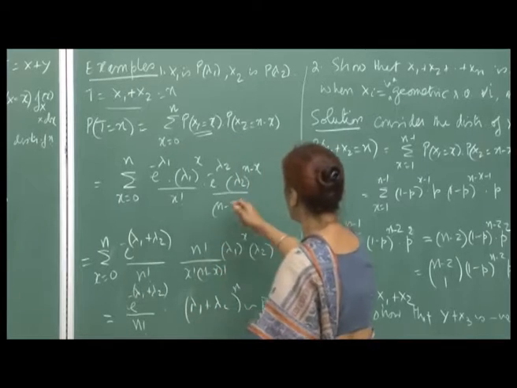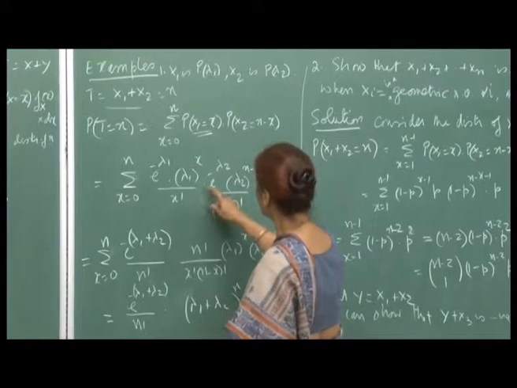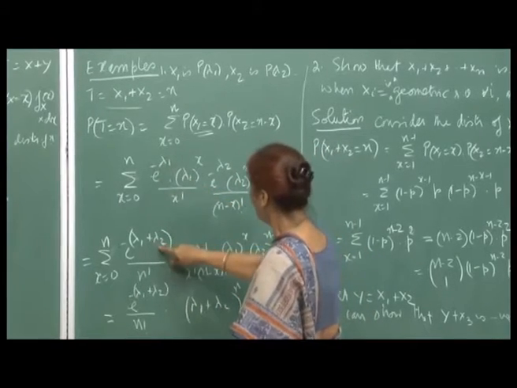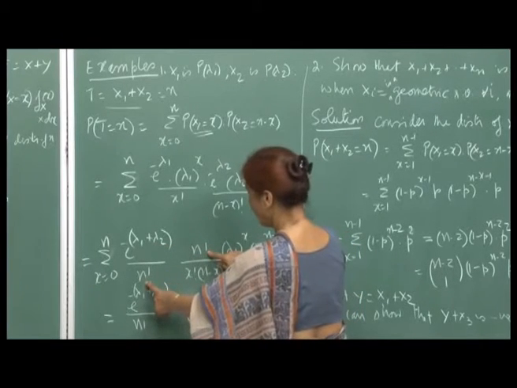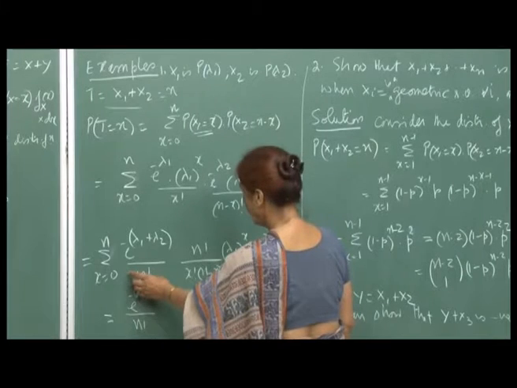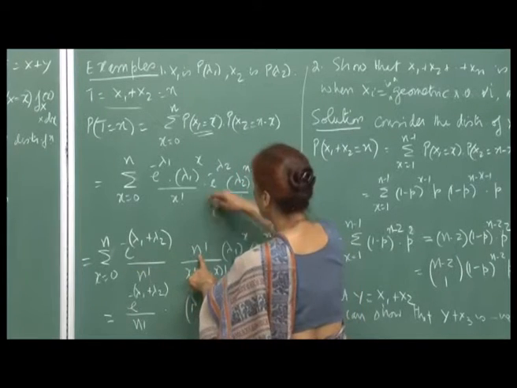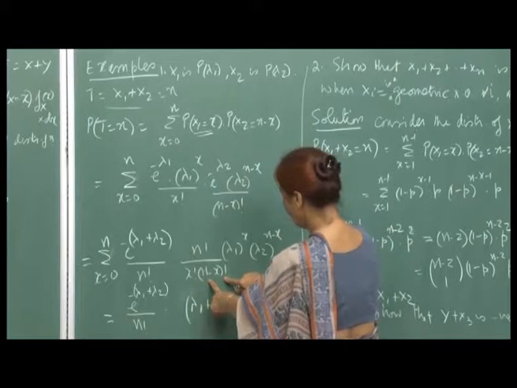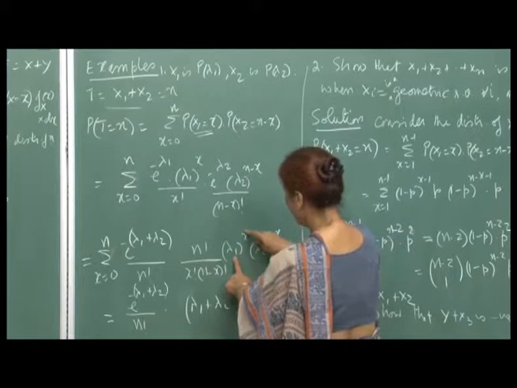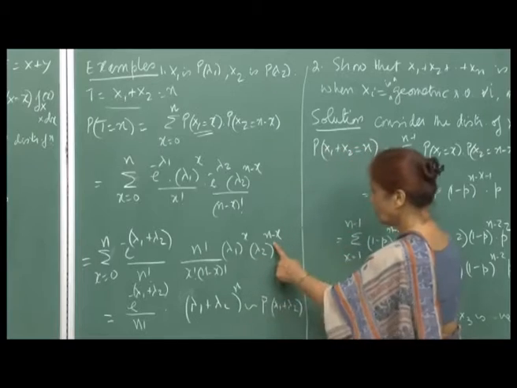Now, just rearrange the terms: e raised to minus of lambda 1 plus lambda 2, and then I have divided and multiplied by n factorial. So this is n factorial divided by x factorial times n minus x factorial, and then you have lambda 1 raised to x and lambda 2 raised to n minus x.